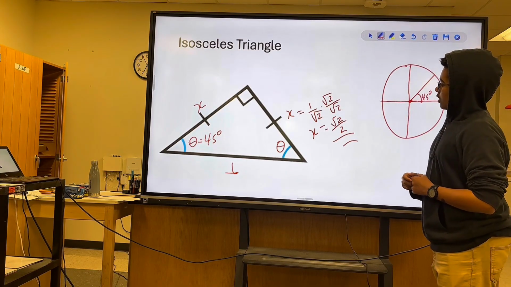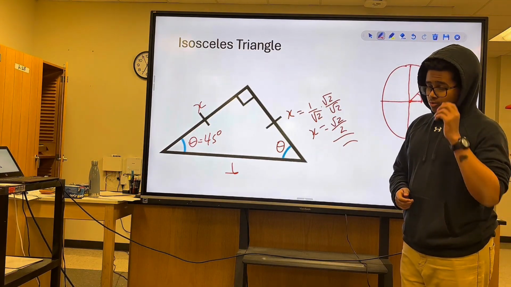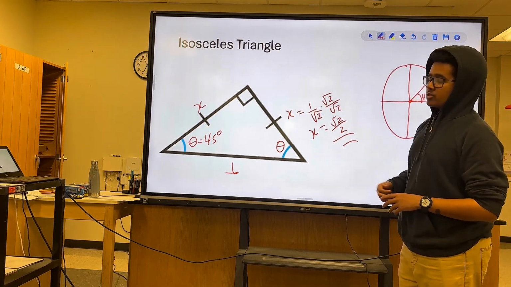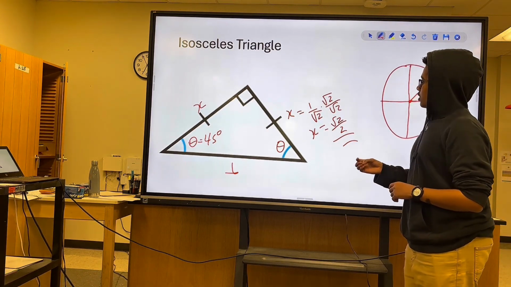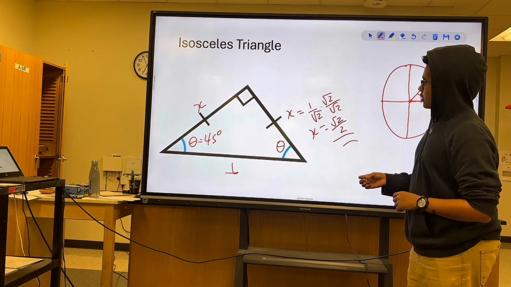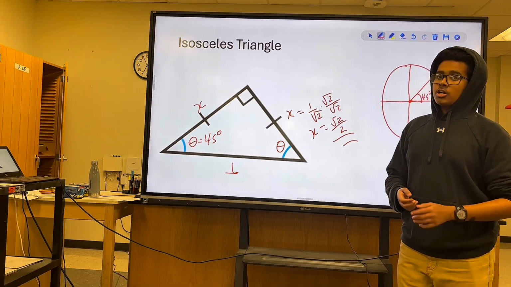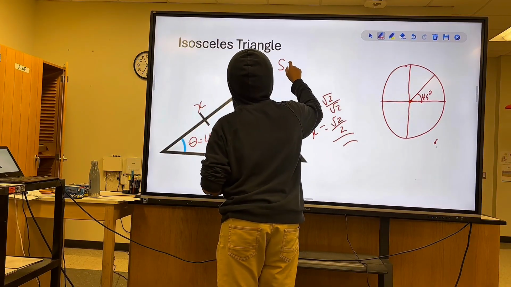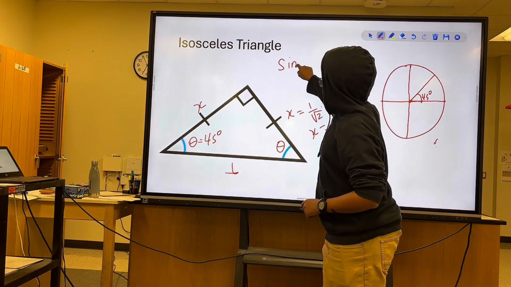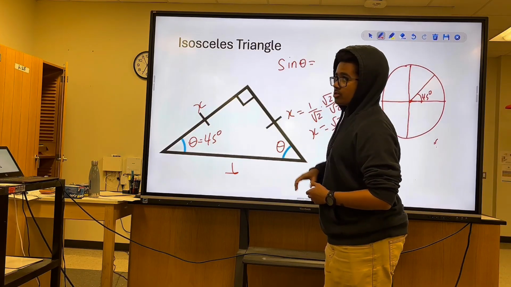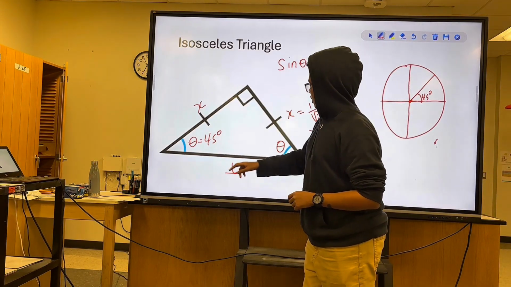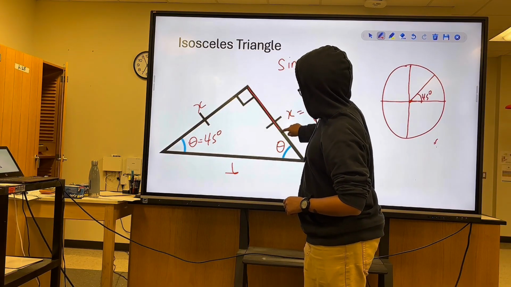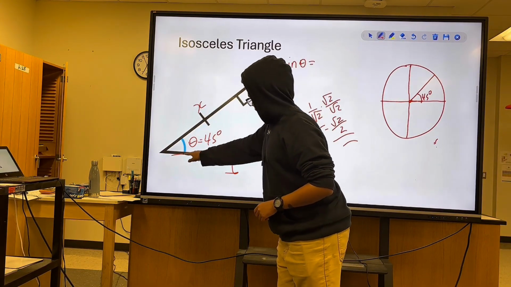Now we're trying to find the values of sine theta and cosine theta, specifically sine 45 and cosine 45. How we're going to do this is we're going to use the trigonometric identities. So we know that sine theta is going to equal this length, the opposite, over the hypotenuse.